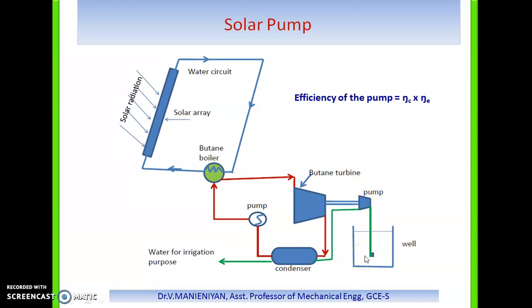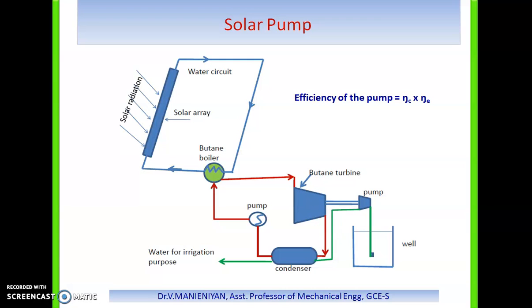These are the different components generally used in the normal system, with a Brayton or butane solution used for the conversion system.